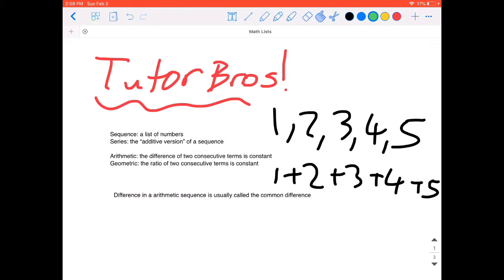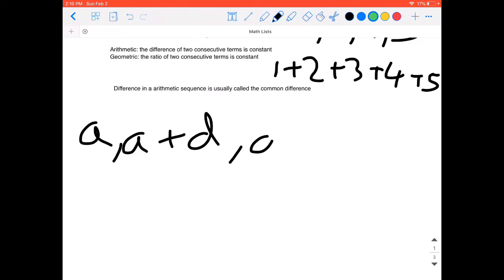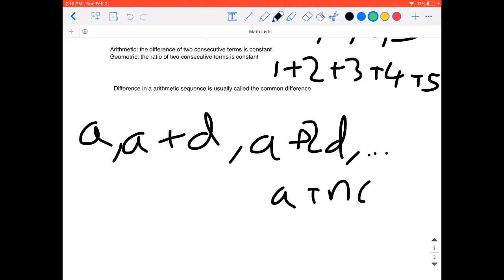So for the nth term in an arithmetic sequence, we can say the sequence is a, a plus d, a plus 2d, all the way up to a plus nd.